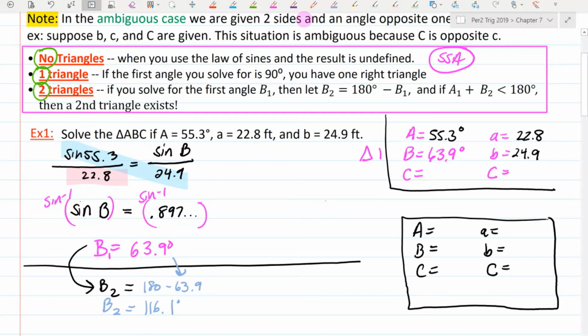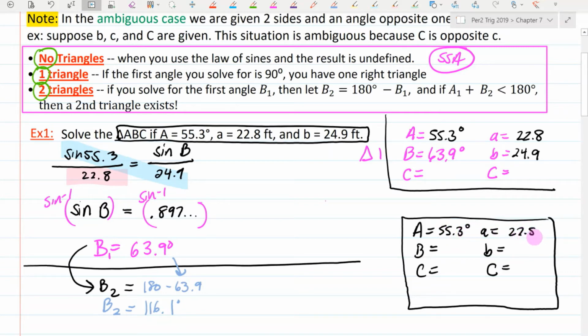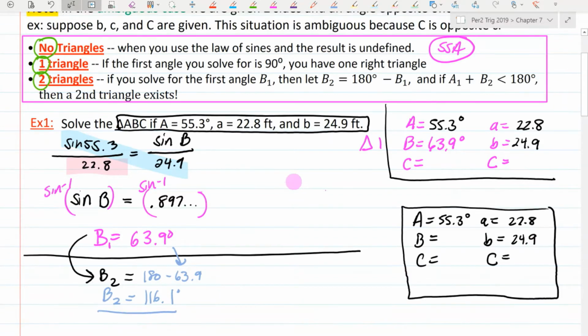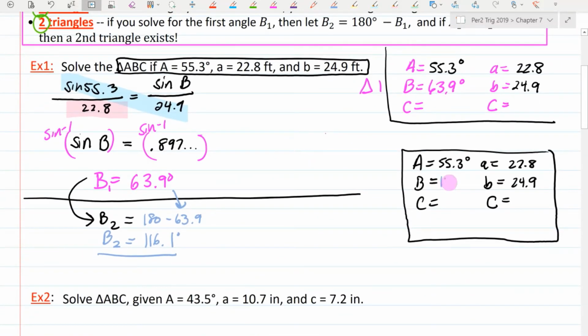So here's the given information: 55.3, 22.8, and 24.9. You cannot change the given information. The second triangle still has those same values. Now, when I write this value in, the 116.1 degrees, if these two angles are over 180, we can't finish that.